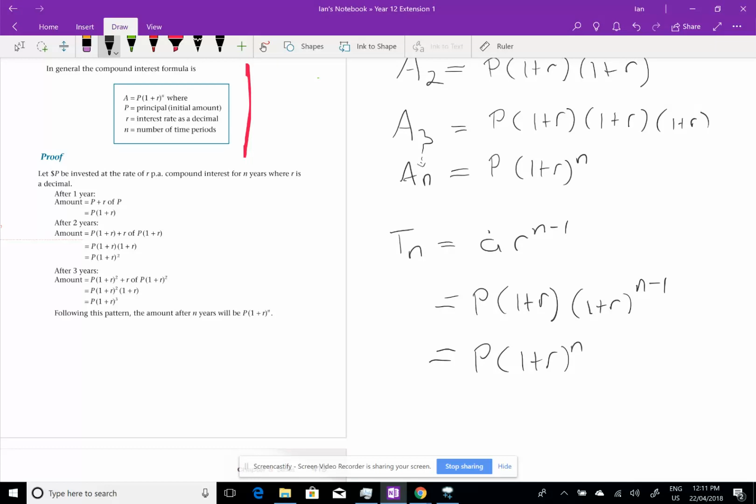So it is a series, and what we're finding is the term in the series.